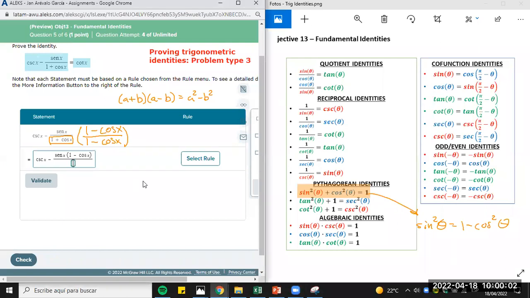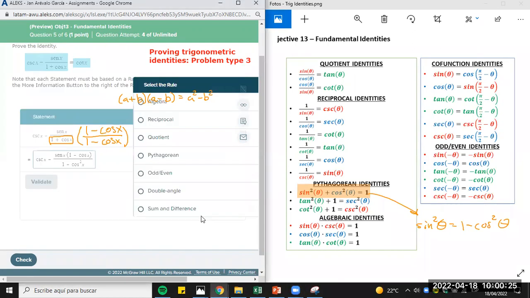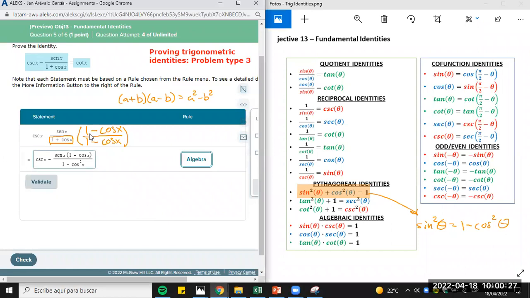So, okay, I'm going to hurry up because this is still a long road. So that will be 1 minus cosine squared of x. The 1 is because 1 times 1 is 1, right? Okay, so we already have what we wanted to use this Pythagorean identity. But first, let us select in here that we used this algebraic trick, and let's validate it.